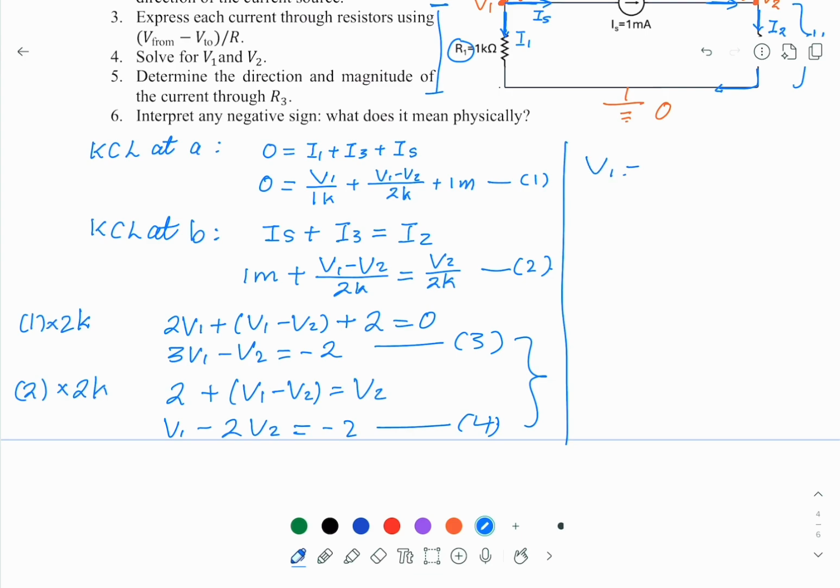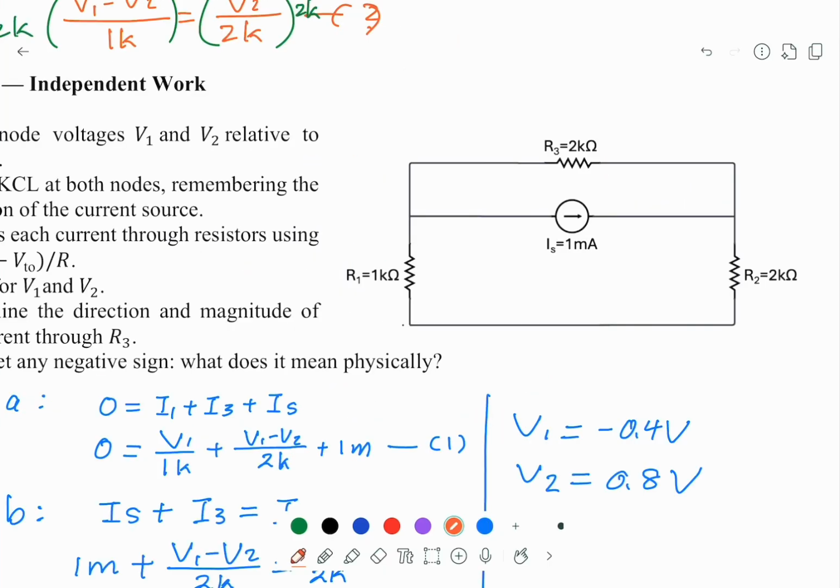V1 equal to minus 0.4 volt and V2 equal to 0.8 volt. Let's analyze this circuit with the values of V1 and V2 we found. This is A, and the V1 we found is minus 0.4 volt.